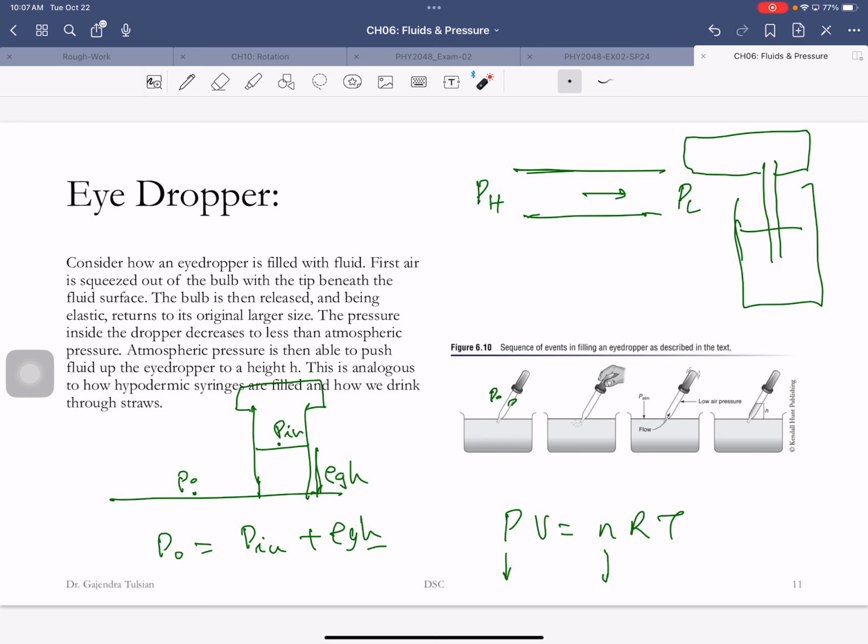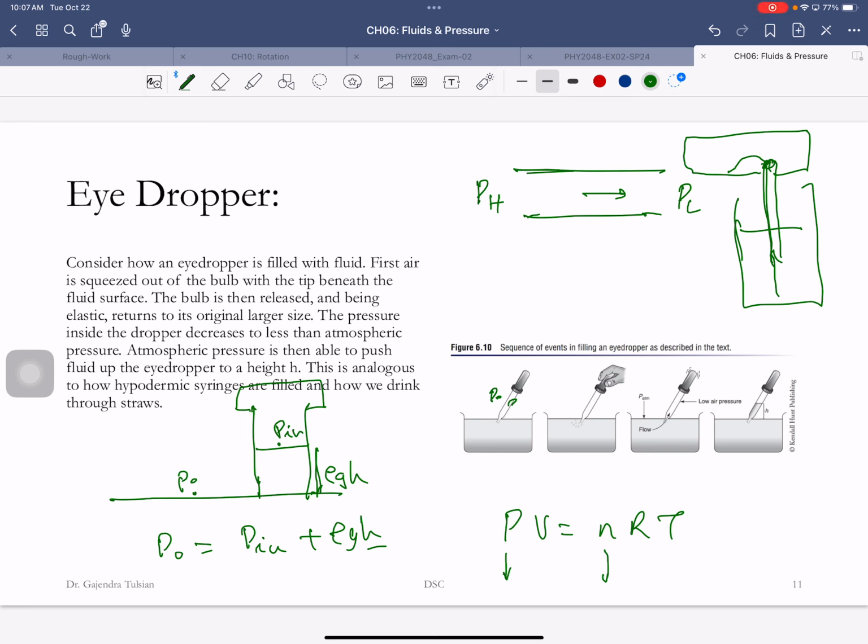When you remove air from the straw, you're decreasing the pressure here, and fluid flows from here to there and up. So that's how you drink from a straw.